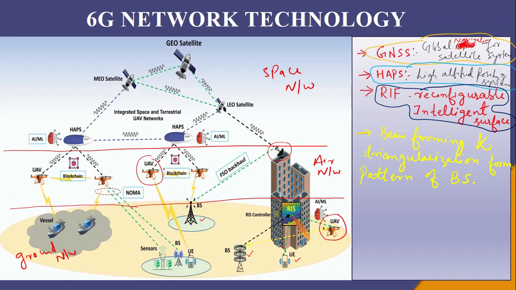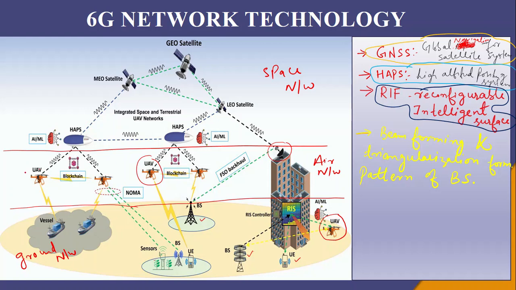This space network is connected with HAPS. HAPS is the high altitude positioning system. These are placed in space, above the stratosphere. Here artificial intelligence and machine learning are used in the whole 6G network.